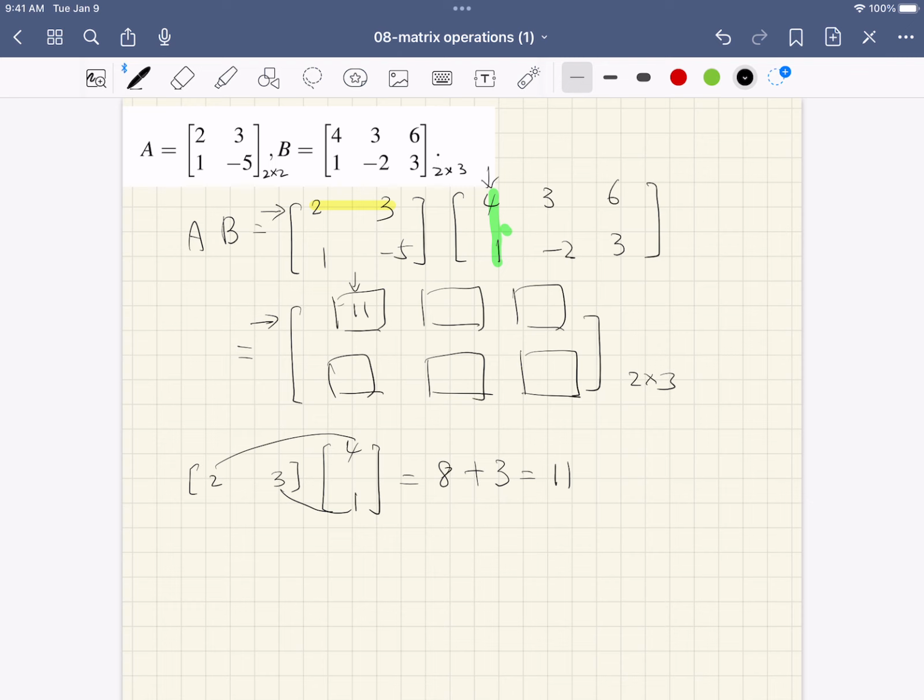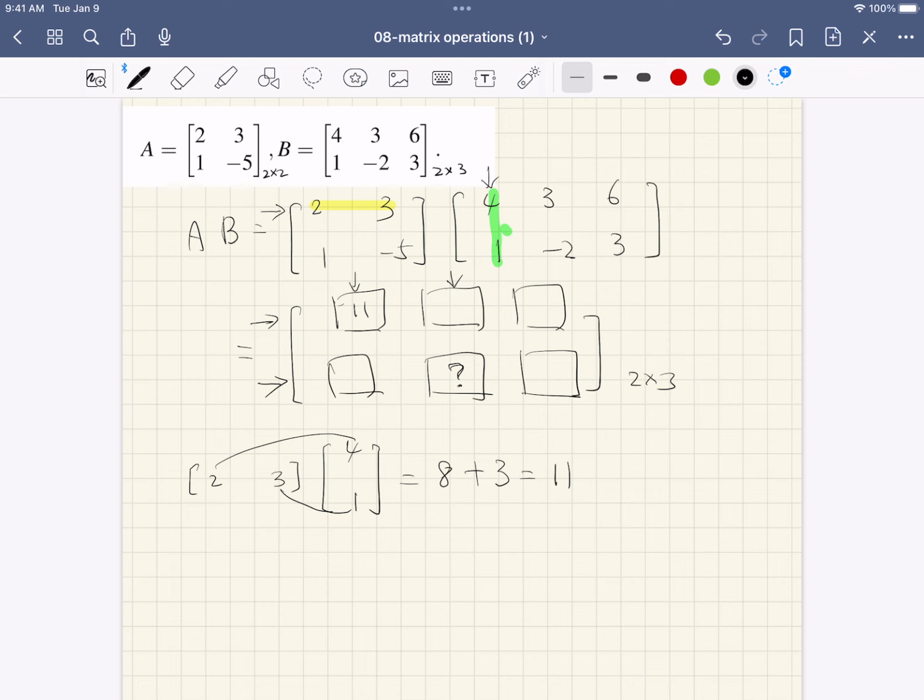Now I'm going to jump into this entry. It is in the second row, second column.